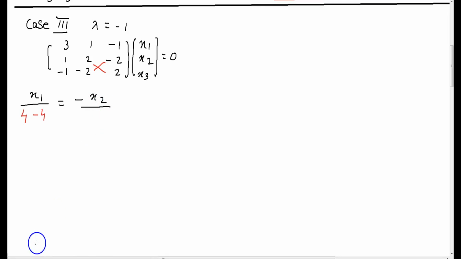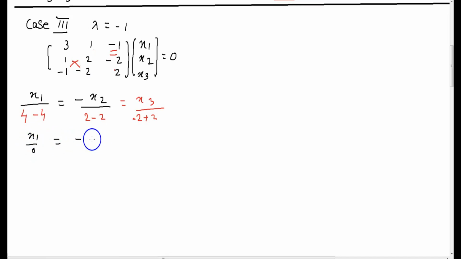Minor of a12 is 1 minus 2 minus 1, 2, and cross multiplying we get 2 minus 2 equal to x3 by minor of a13. The minor of a13 is 1, 2, minus 1, minus 2, and cross multiplying we get minus 2 plus 2.